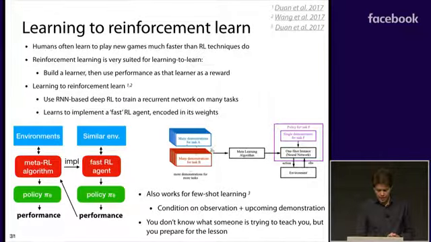Okay? And it actually also works for future learning. It's a more recent paper by Juan. Here you do future learning by not conditioning only on the observation, but also on the upcoming demonstration. Right? So you have a bunch of demonstrations per task.